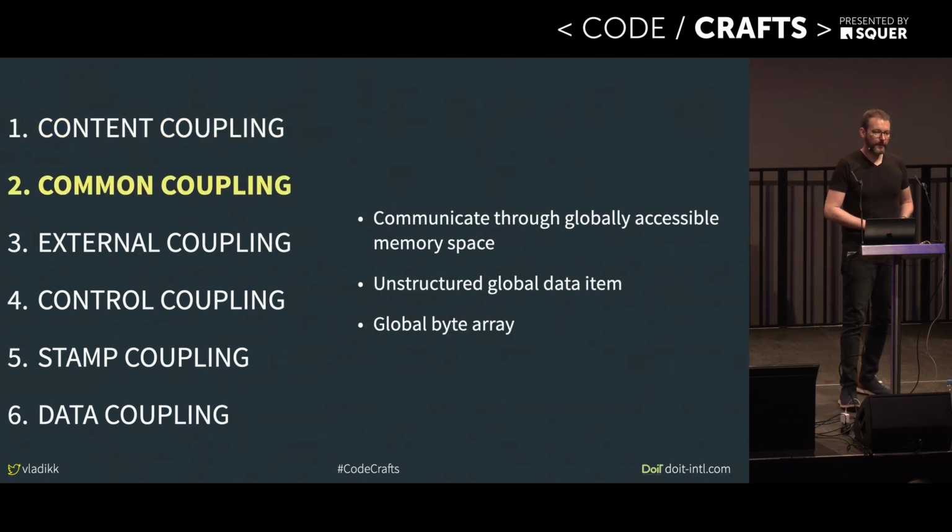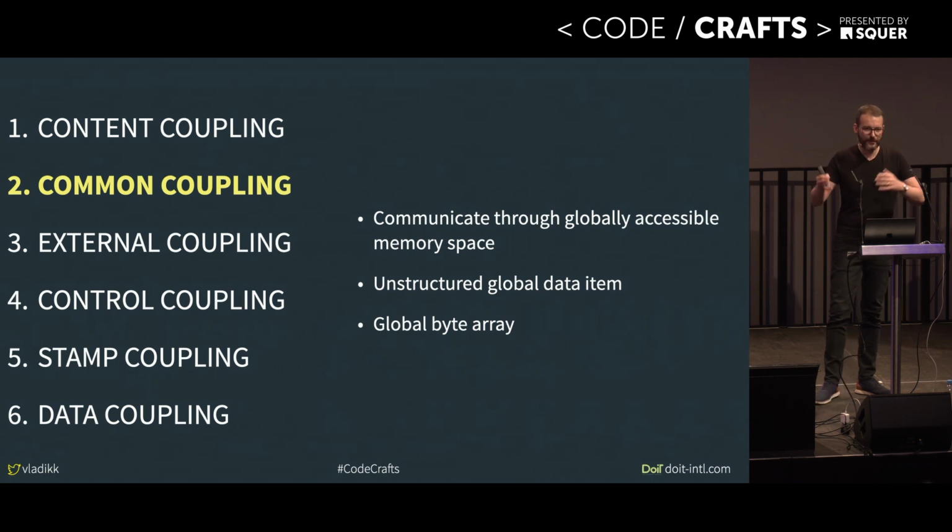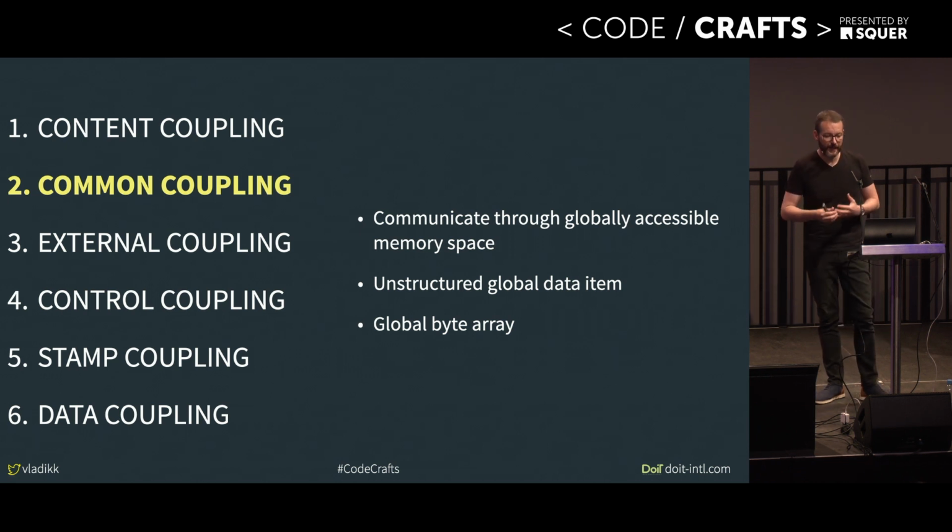Common coupled modules communicate through a globally accessible shared memory space. That shared memory space is just a collection of bytes without any structure. That shared memory space does not enforce any integration contract or schema how the data should be formatted.